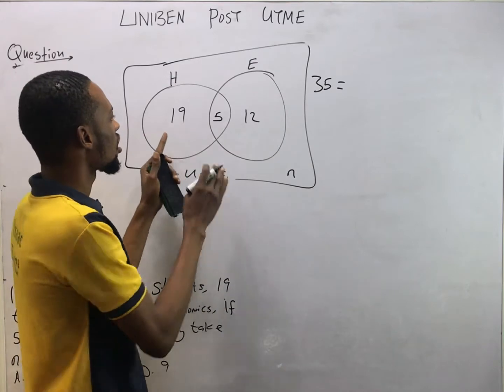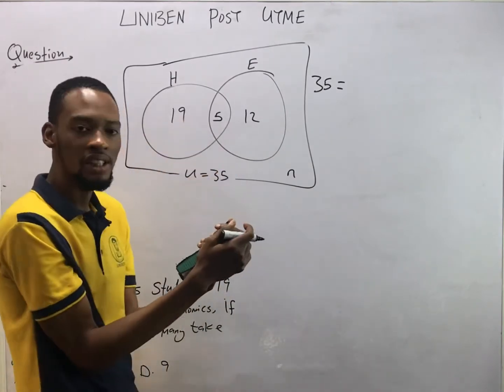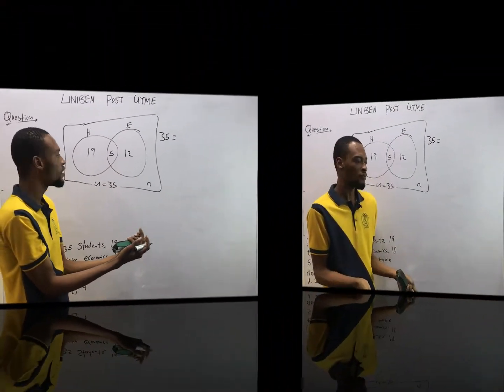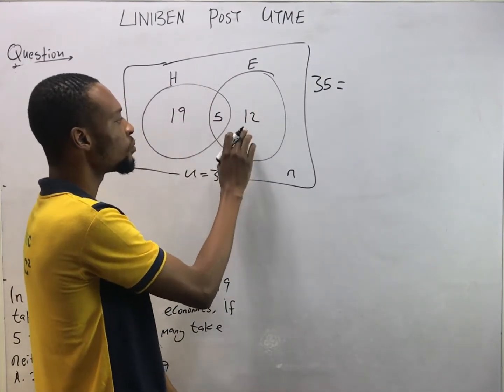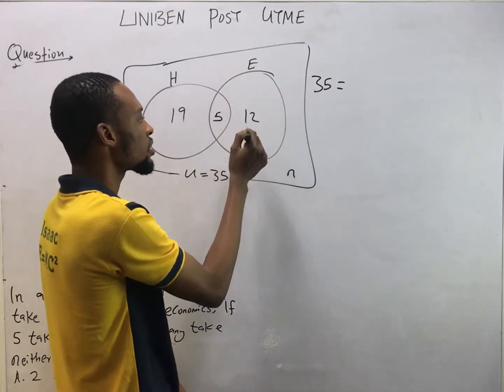So in fact, 35 equals everything here. Now, how do we know those who take history only and those who take economics only? It is very simple. If I remove this 5 that takes both subjects from those who take economics, it will remain those who take only economics.